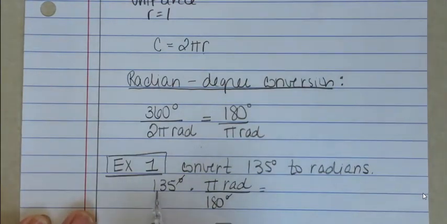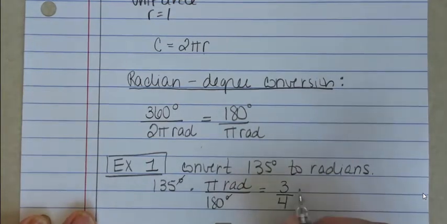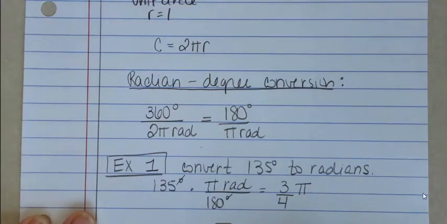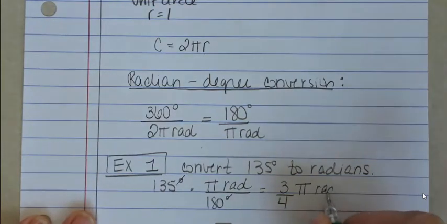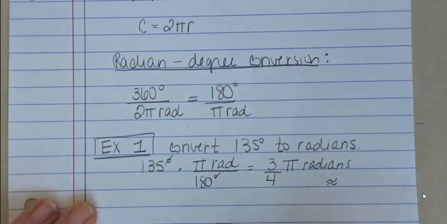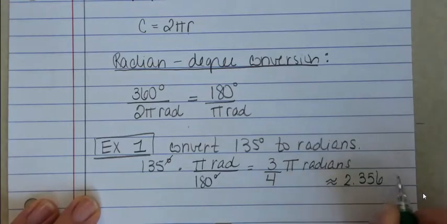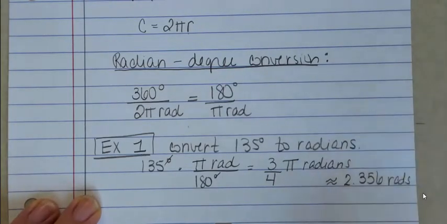Okay, I can divide 135 and 180 by a common factor. I end up with 3/4 pi radians, which is a more exact answer, or I could give it as an approximate answer, depending on what they ask you for, of 2.356 radians. I'll call them rads right there because I'm out of room.